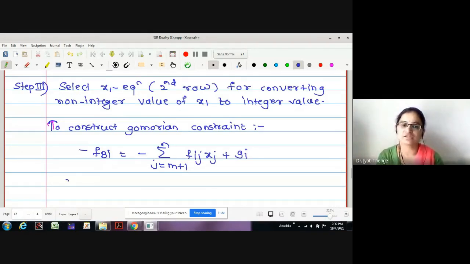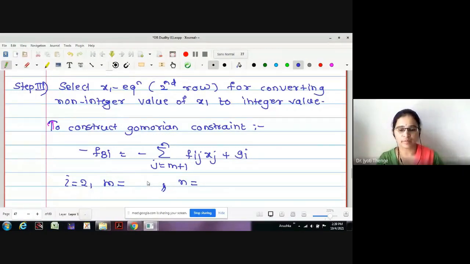Which row we have selected for i? What is the value of i? 2, no? Second row we have selected. In the previous step we have selected the first row. Now it is second. What is m and n? M is the number of basic variables or number of constraints, one and the same thing.